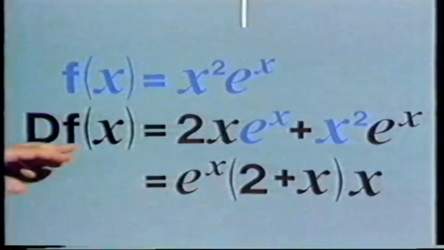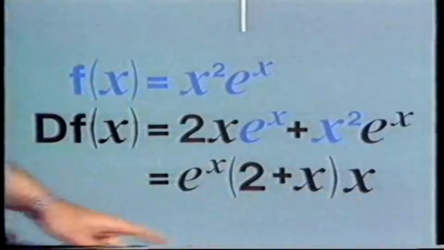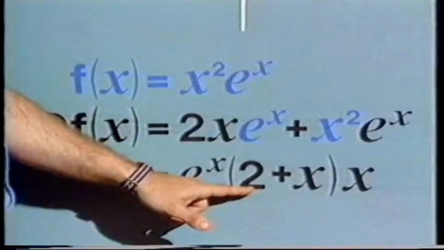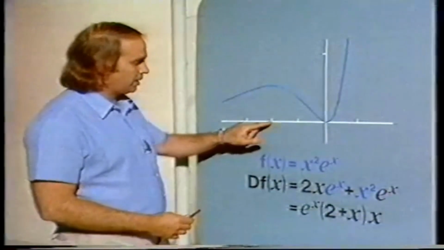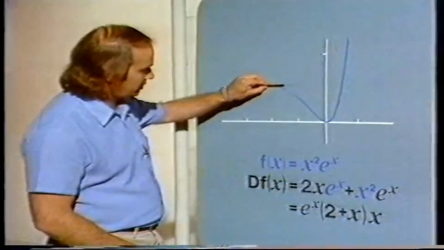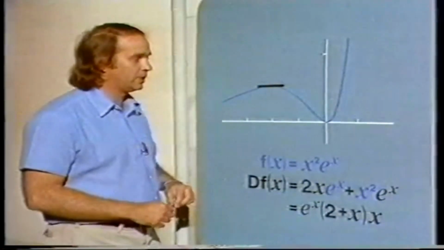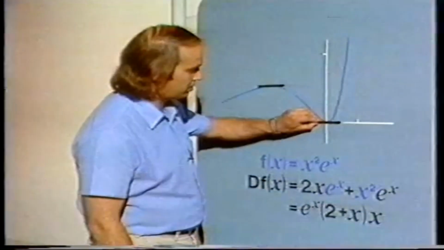As you can see, the derivative will vanish when x is equal to 0, and also when x is equal to minus 2. And this ties up very nicely with our graph. At x equal to minus 2, a 0 derivative at this local maximum, and at x equals 0, the 0 derivative at this minimum.